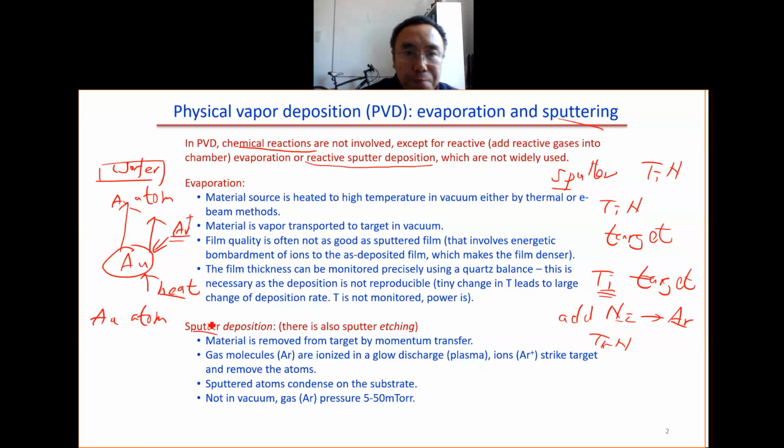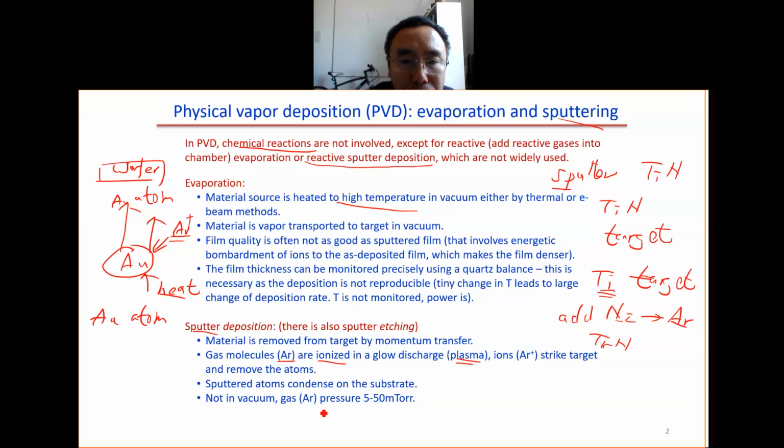So this one, by heat, is evaporation, but the argon ion bombardment is sputtering deposition. For evaporation we need a high temperature. For sputtering deposition, normally it is done at room temperature. We use argon ions, ionized to bombard the surface, so we have a plasma in the chamber.